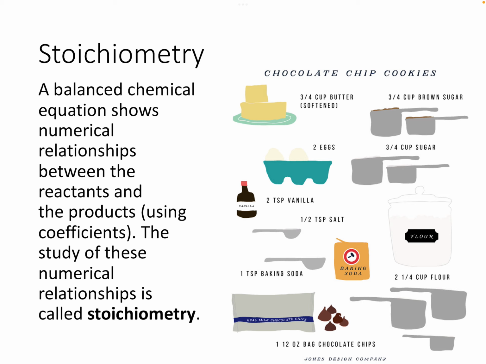In order to make the chocolate chip cookies, we need 3/4 of a cup of butter, 3/4 of a cup of brown sugar, 2 eggs, 3/4 cup sugar, 2 teaspoons vanilla, etc., etc. So we need very defined ratios of each ingredient to make the chocolate chip cookies. And this should give us a certain amount of chocolate chip cookies. In fact, it should give us 24 chocolate chip cookies. So this is also stoichiometry. We're just looking at the ratio of our reactants or ingredients to the product.